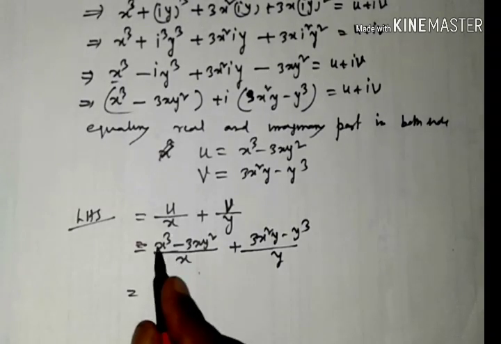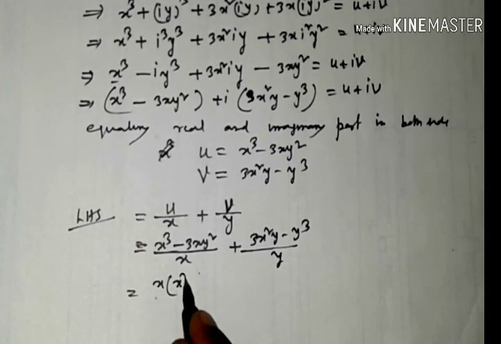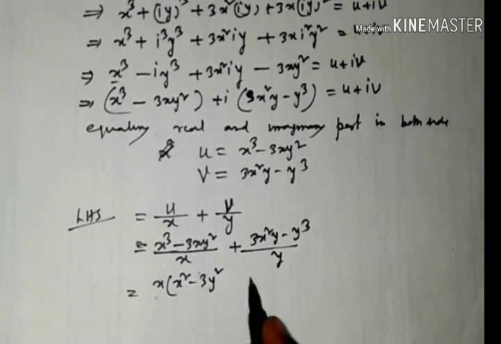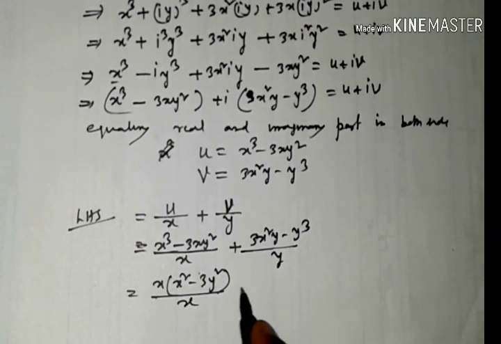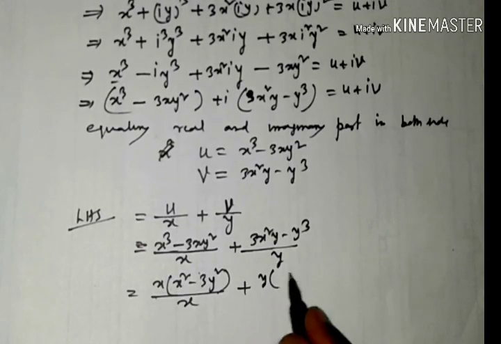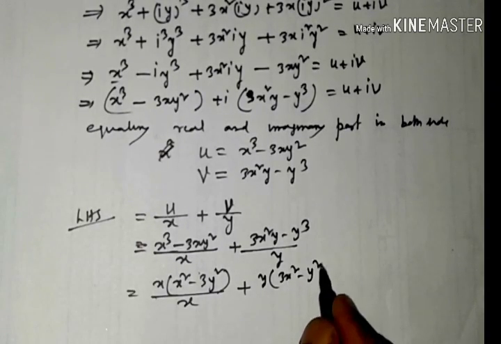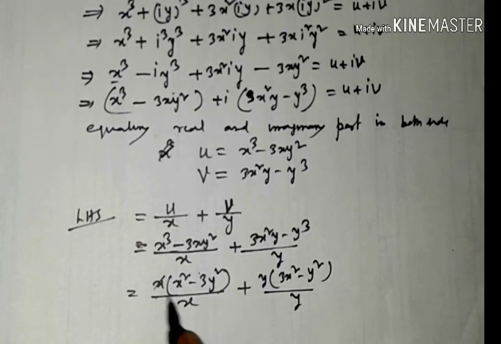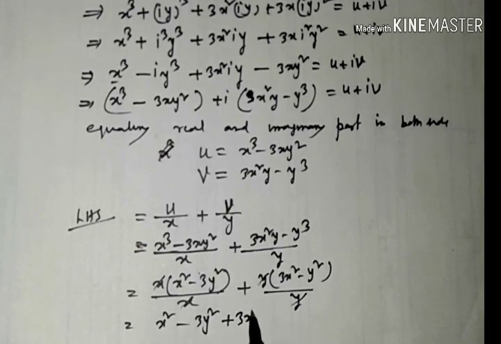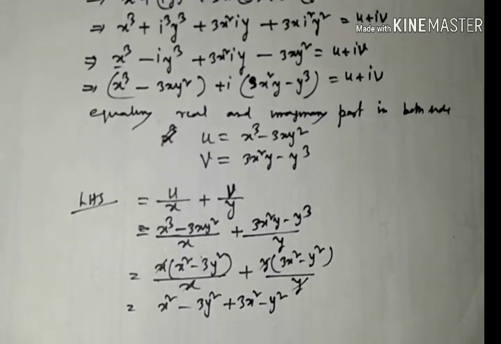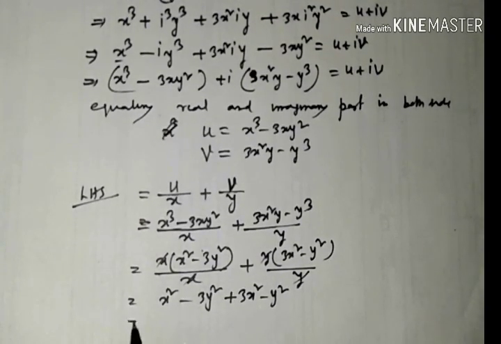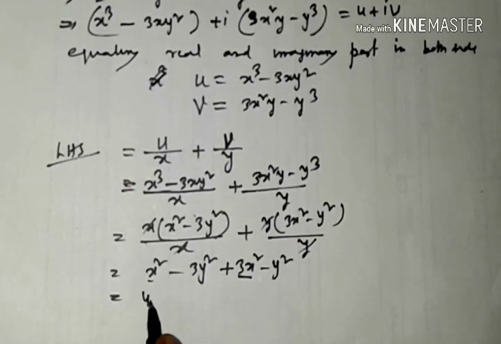If we take x common here from the first term and y common from the second, we can cancel x and y. Therefore x square minus 3y square plus 3x square minus y square, this is 4x square, this is minus 4y square.